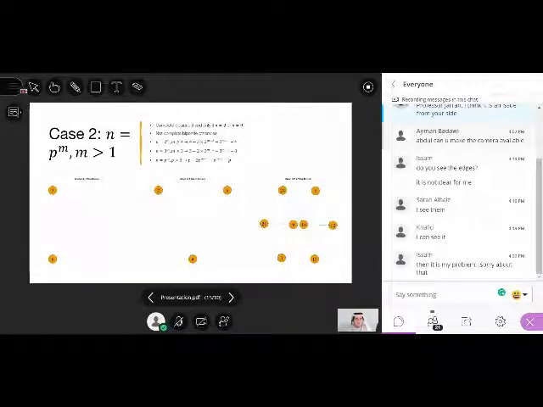So we start with the first one, which is 2 to the power of m being greater than or equal to 4. So it's 2 to the power of 4, 2 to the power of 5, and so on. Well, we construct an odd cycle. Remember what I said about odd cycles? If there's an odd cycle, then it cannot be bipartite. If it's not bipartite, then it cannot be complete bipartite. And that is easily done.